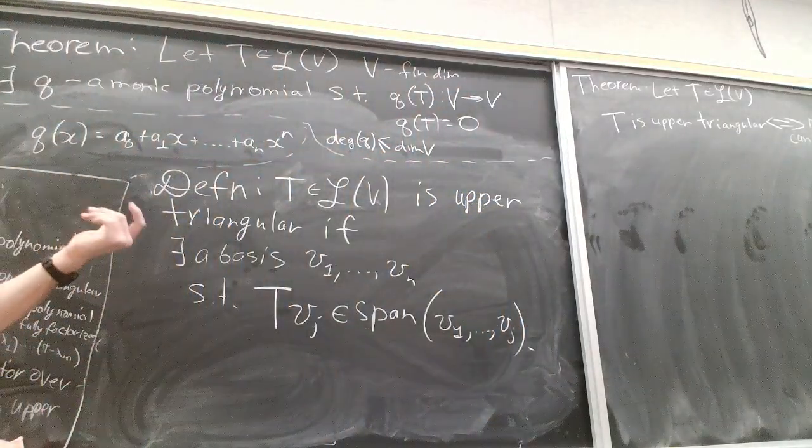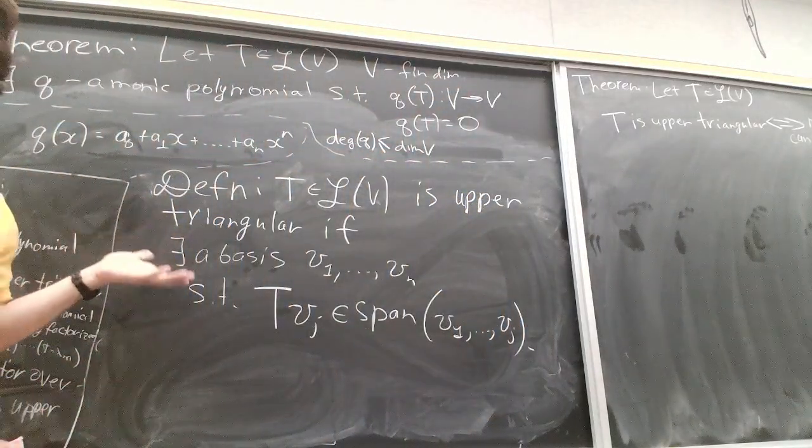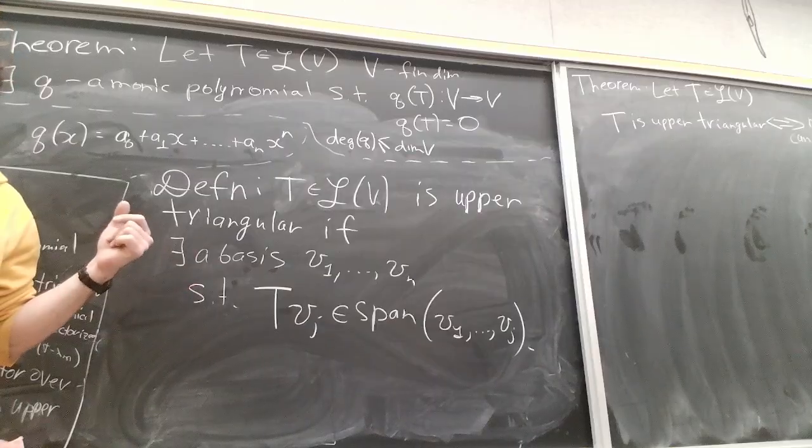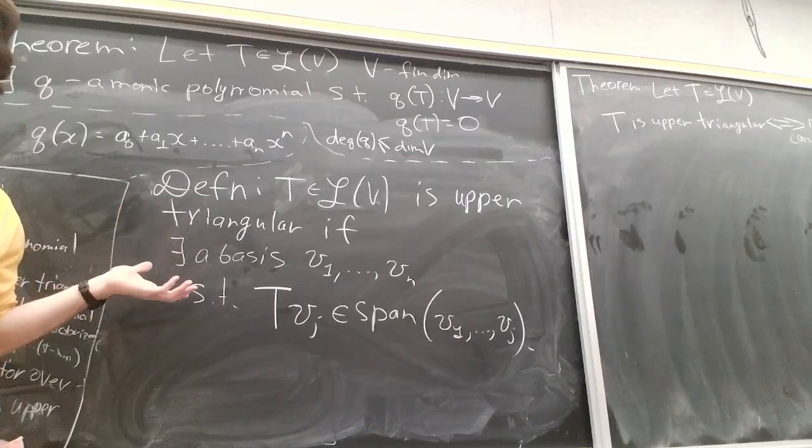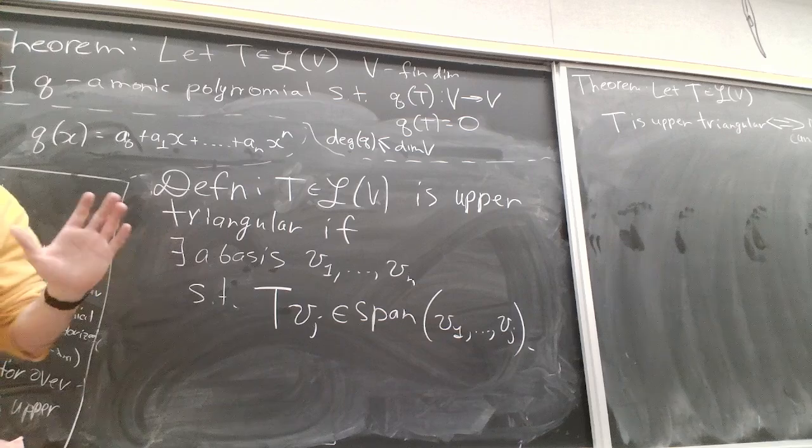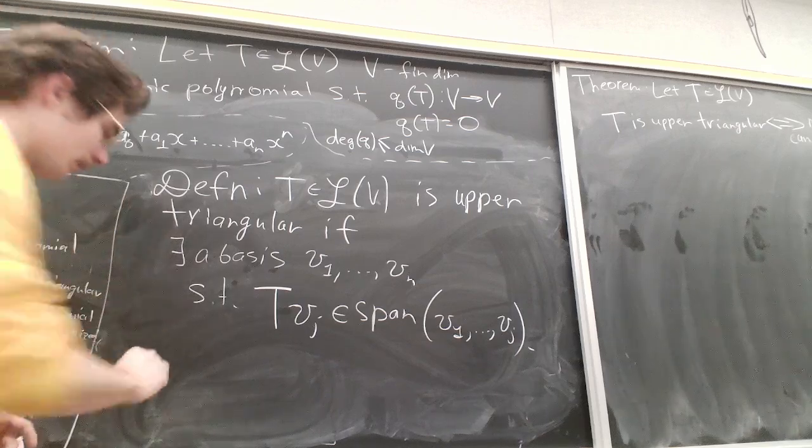In other words, what this means is that if I write down the matrix of the operator in this basis, then the matrix will be upper triangular.